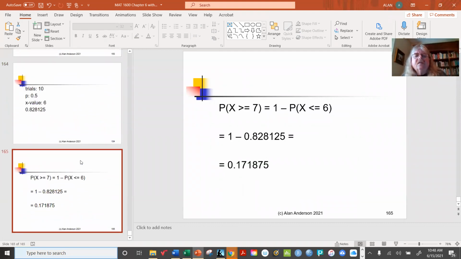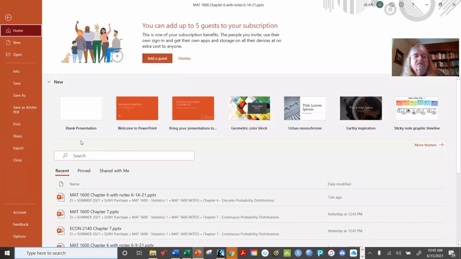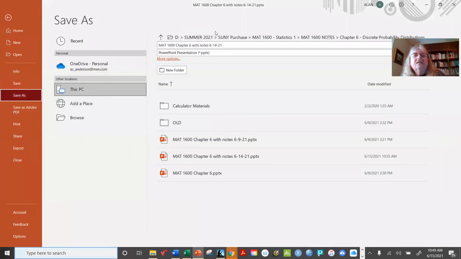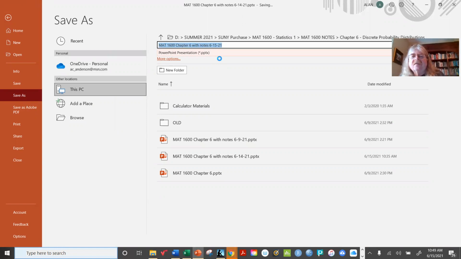Okay, now I think we're finally ready for chapter 7, which is our introduction to continuous distributions. Now, continuous distributions are a lot scarier than discrete, because there's an infinite number of possible values.